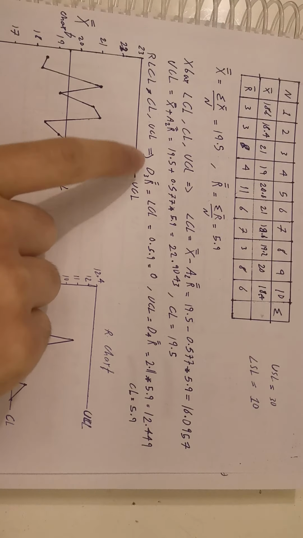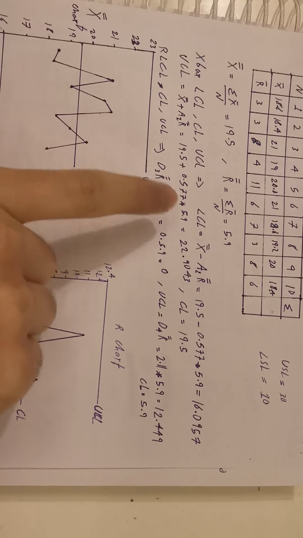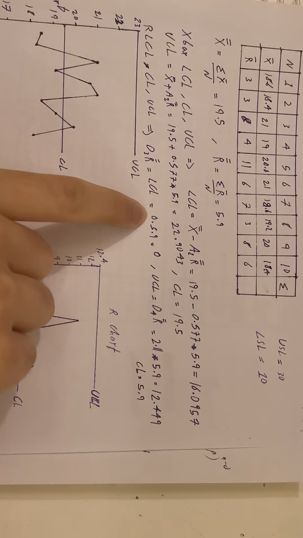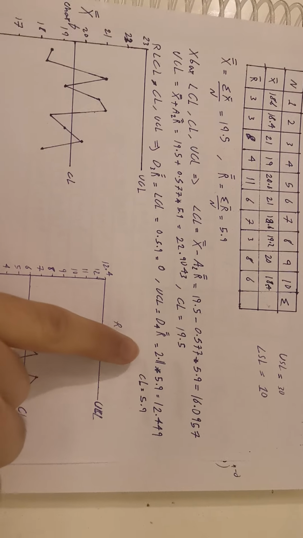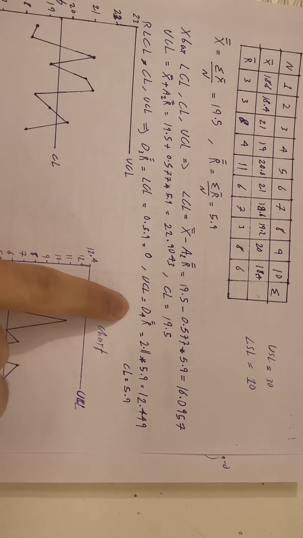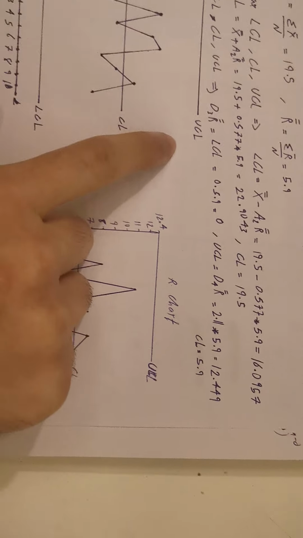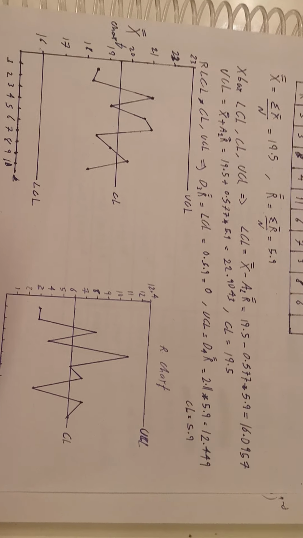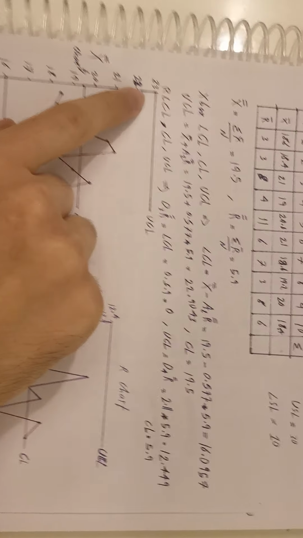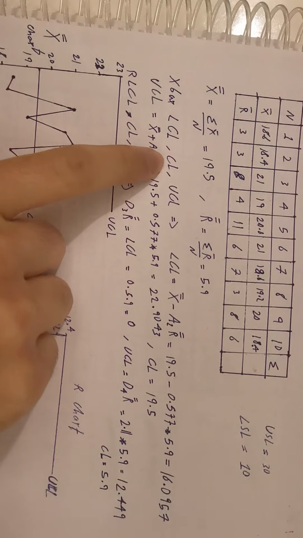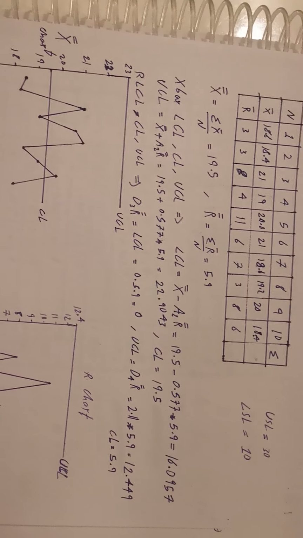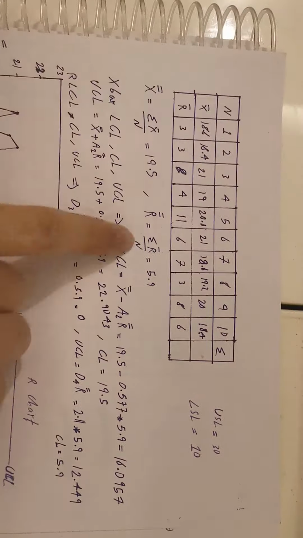So from the table, the D3 is a given, it's 0, and for the upper control limit, you will need the D4, which is in this case 2.11. So you will get the upper control limit and the lower control limit for both the X bar chart and the R chart. And as I said before, the control limit, CL, is the same as the grands.